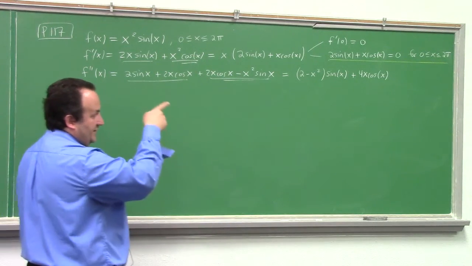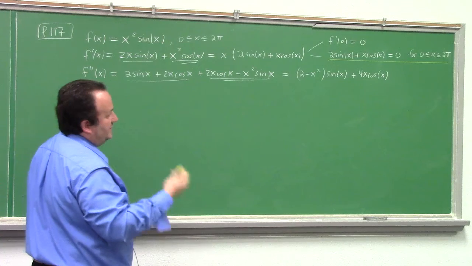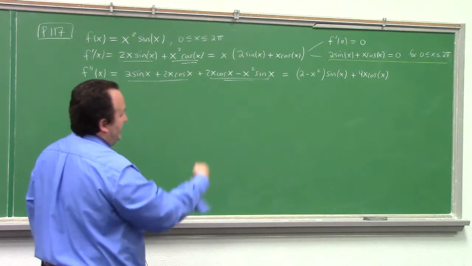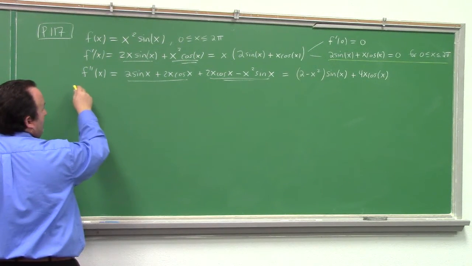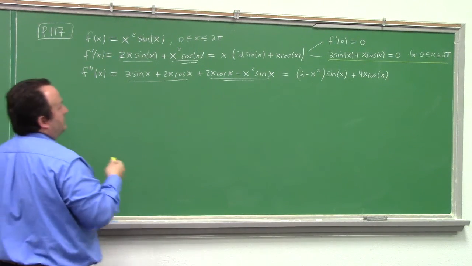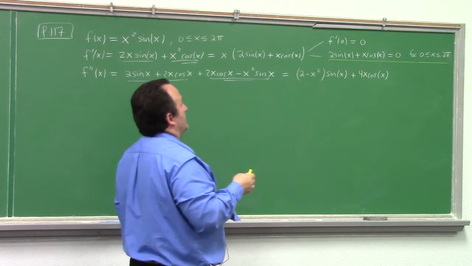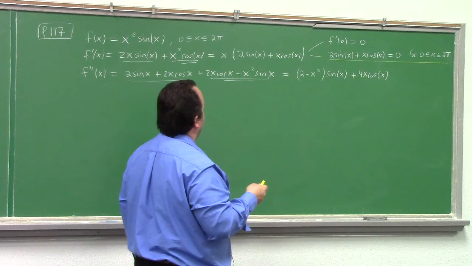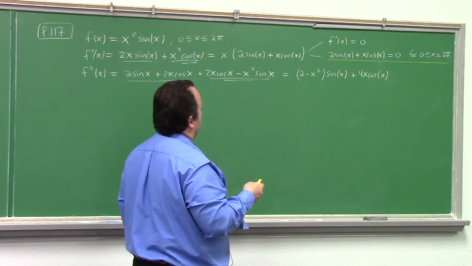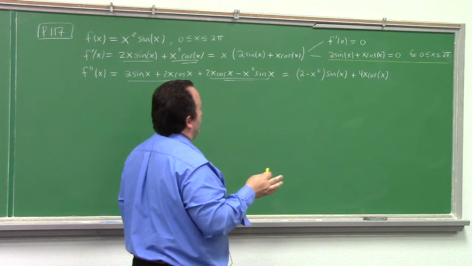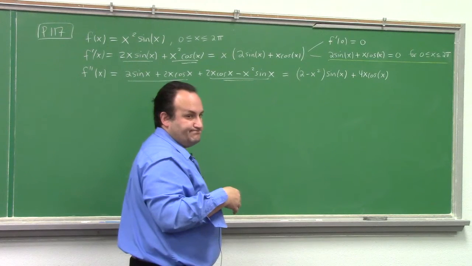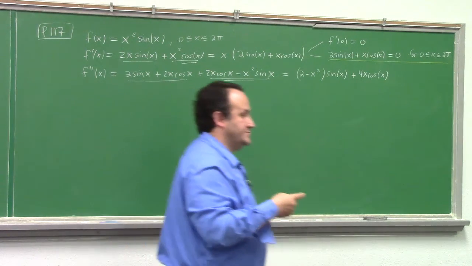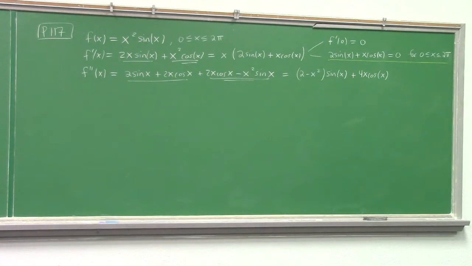So that equation, 2 sine x, so consider, well, all right, something useful to know: sine and cosine are never both 0 for the same x. That's something that's at times useful to be aware of.